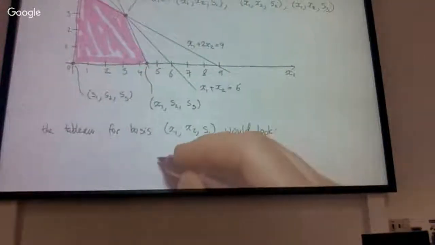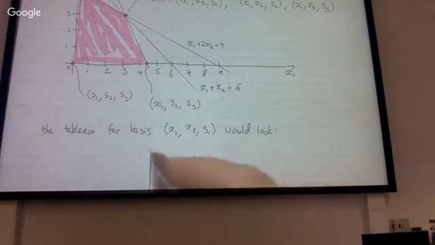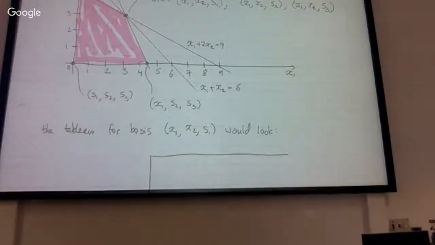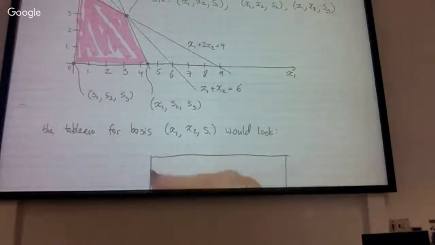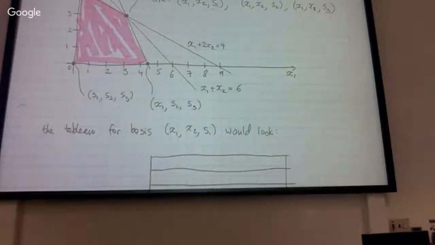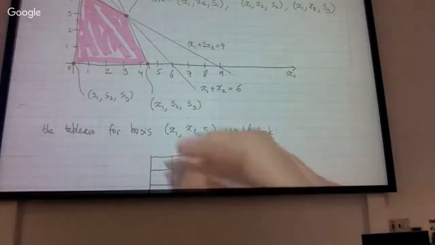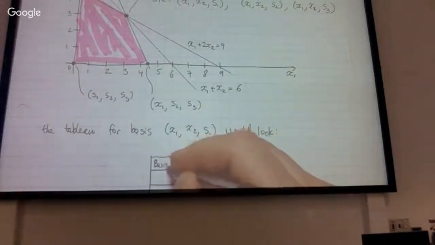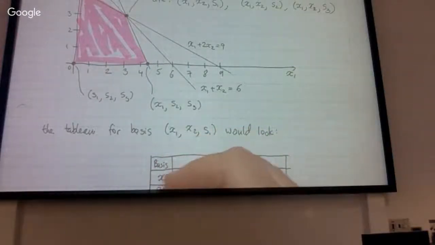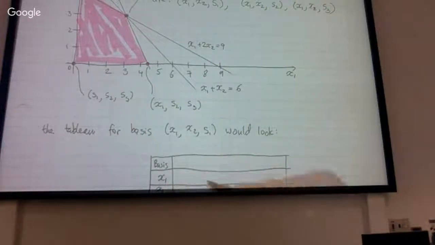Of course, I'm not going to write the whole tableau, but where it says basis, you would have x1, x2, s1, and the objective.